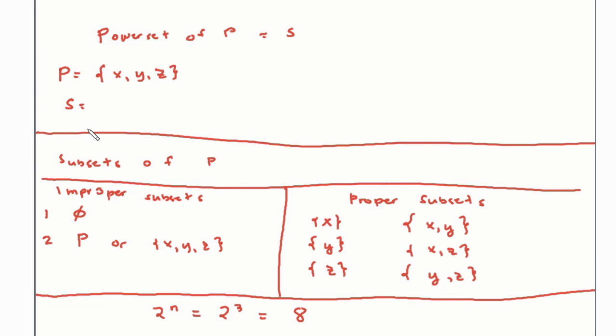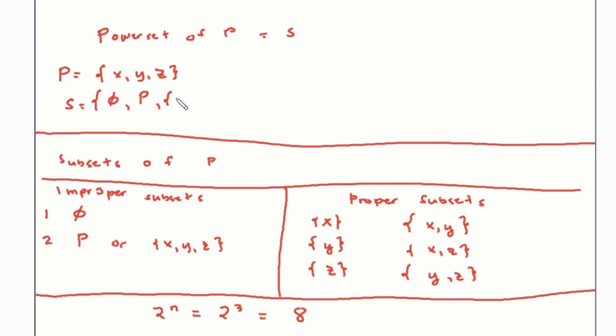In order for us to get the power set of P, which is S, all we have to do is to write down all the subsets as the elements of our power set. Let's start with the null set, followed by the set itself. If you are going to use P, please do not write XYZ. Or if you are going to write XYZ here in your power set, please do not include P. Only choose one among these two.